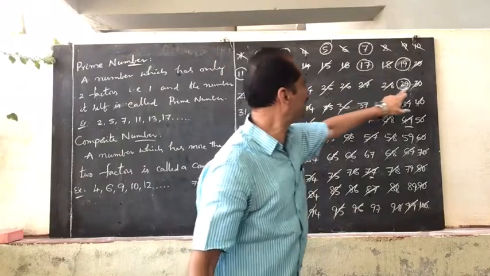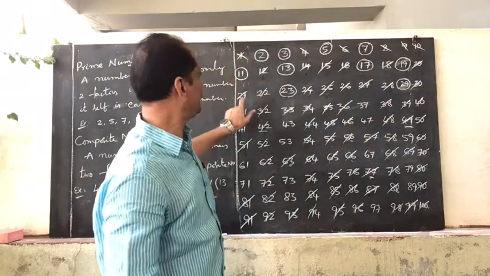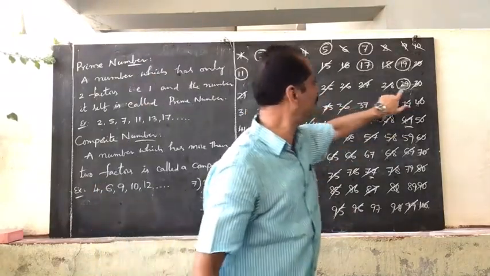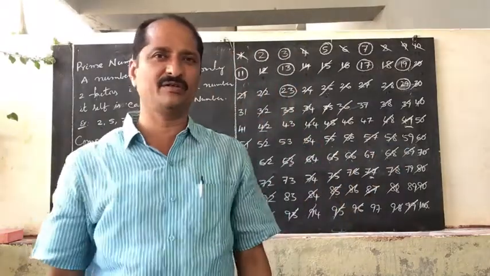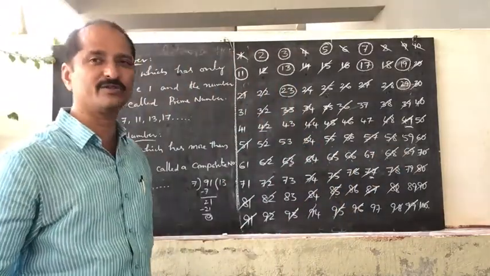So in the 20s, 23 and 29, two prime numbers are there in between 20 and 30.